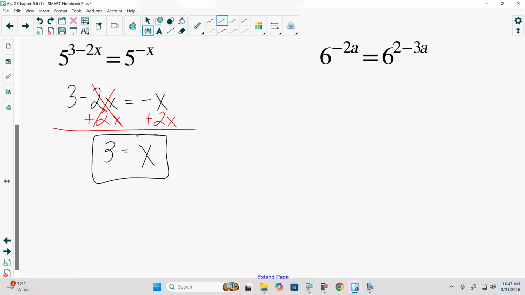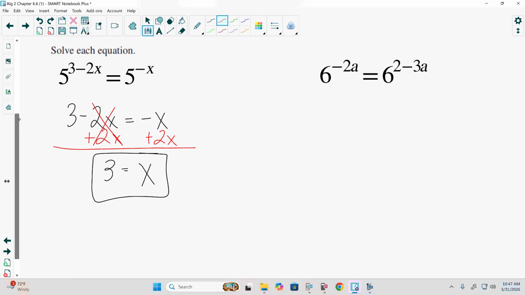And if we wanted to check this, all we would need to do is replace x with 3. We would plug 3 into our 5 to the 3 minus 2x, giving us 5 to the 3 minus 2 times 3, and this should have the same value as 5 to the negative 3.